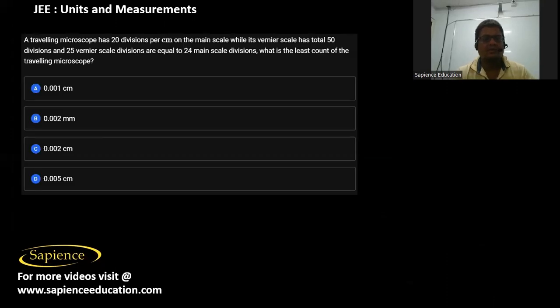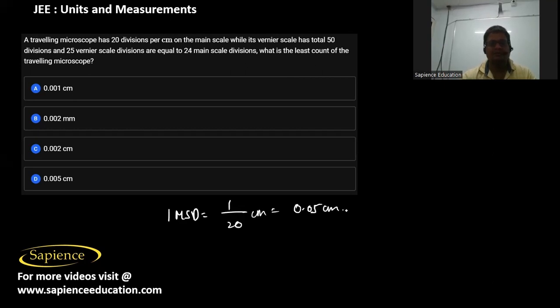And here it is told a traveling microscope has 20 divisions per centimeter on the main scale, while its vernier scale has a total of 50 divisions. So one main scale division is 1 by 20 centimeter, that means 0.05 centimeter.